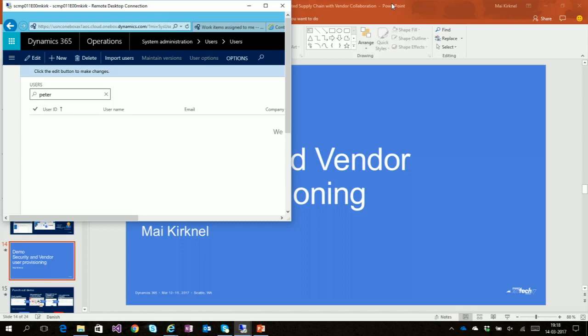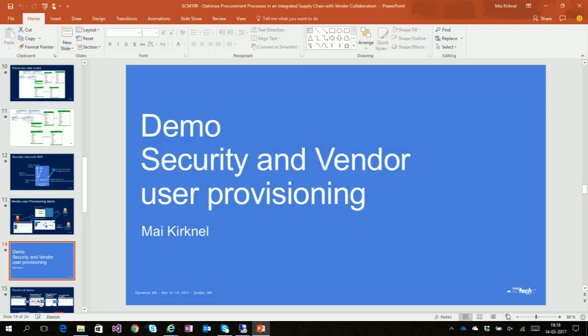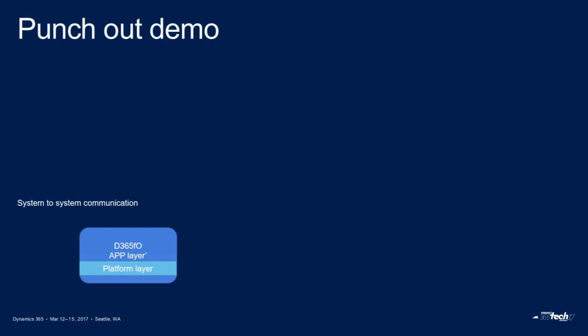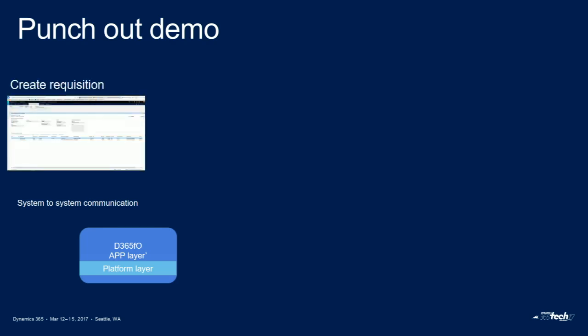Time runs. What do you say, Mehmet? Okay, so now we clear our minds. No vendor collaboration interface. We're starting a new section, and that is the requisition part with a punch out. To set the scene and give a bit of background on what's happening: you create a requisition, and from that requisition, you can select an external catalog.